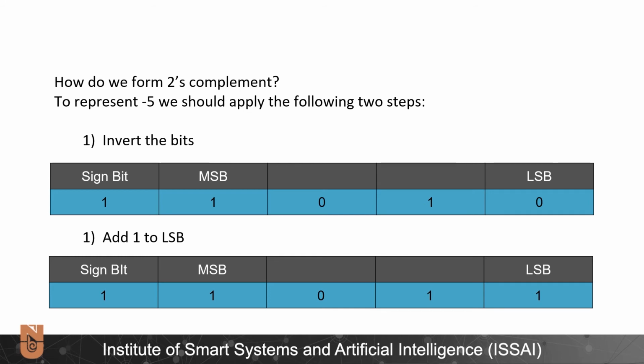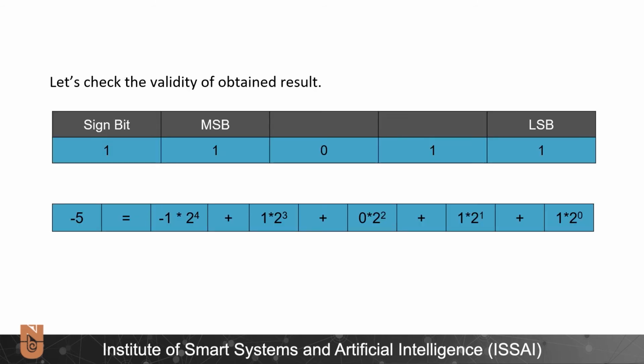Inverting the bits, we get 1, 1, 0, 1, and 0. And then we add 1, and we get 1, 1, 0, 1, and 1. Let's check for the correctness of the obtained result.